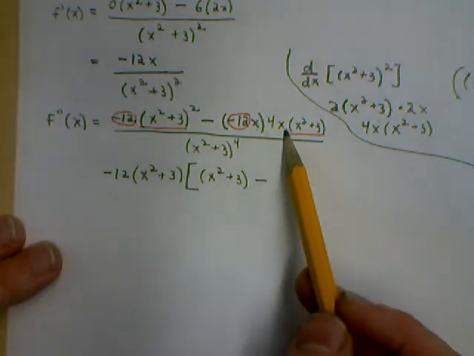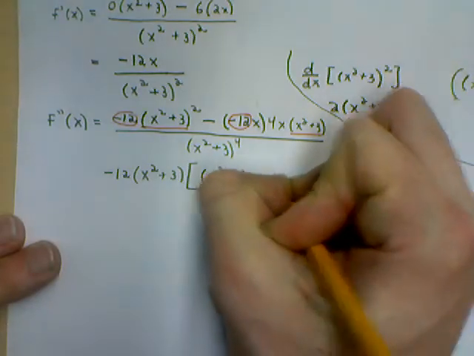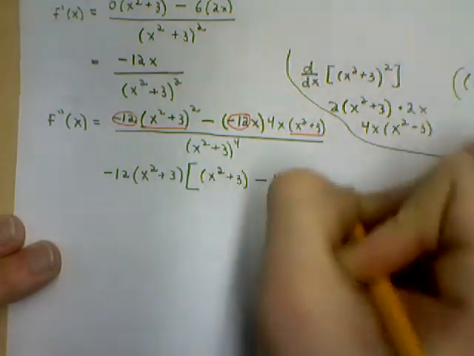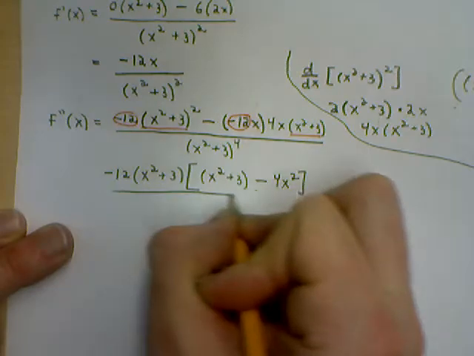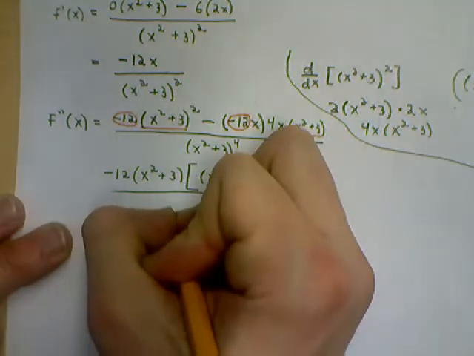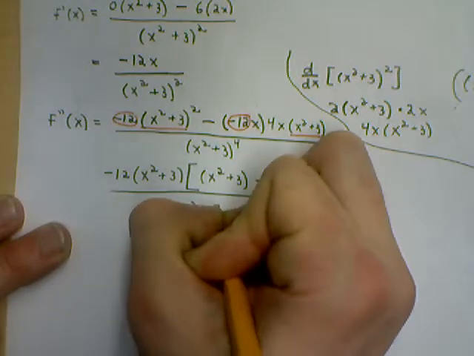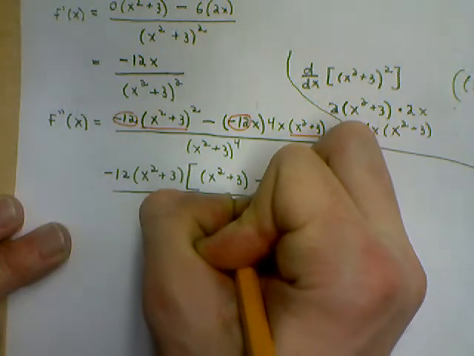So I just have x times 4x, which is 4x squared, all over x squared plus 3 to the 4th power.